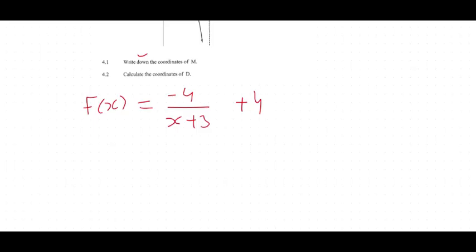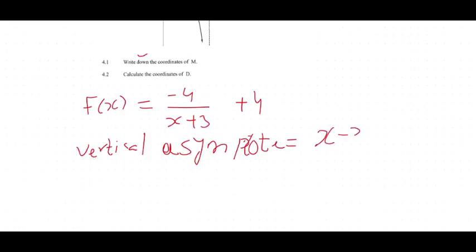So the vertical asymptote: x minus 3 equals 0, so x equals 3.